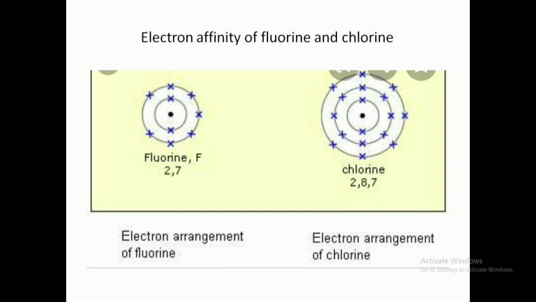So, in the case of fluorine, the density of electrons increases, so the electron affinity of fluorine is lower than the electron affinity of chlorine. That is another exception in the case of electron affinity.